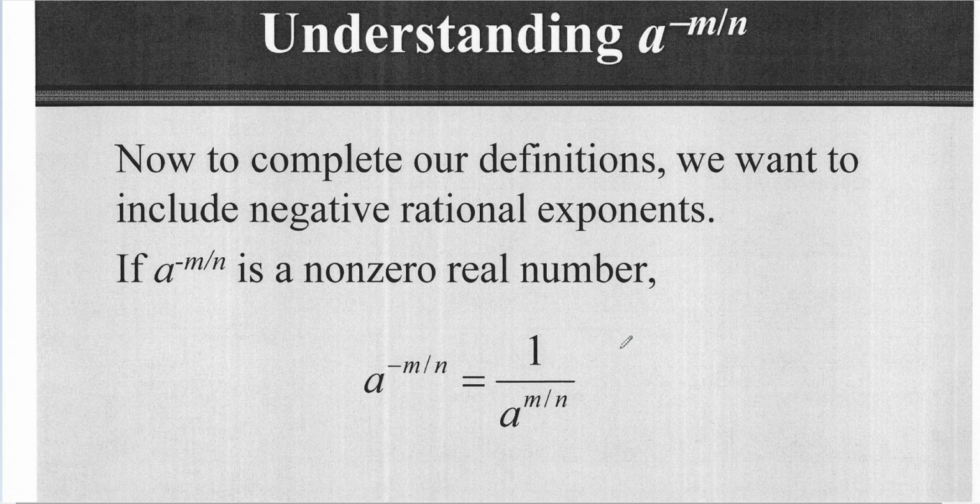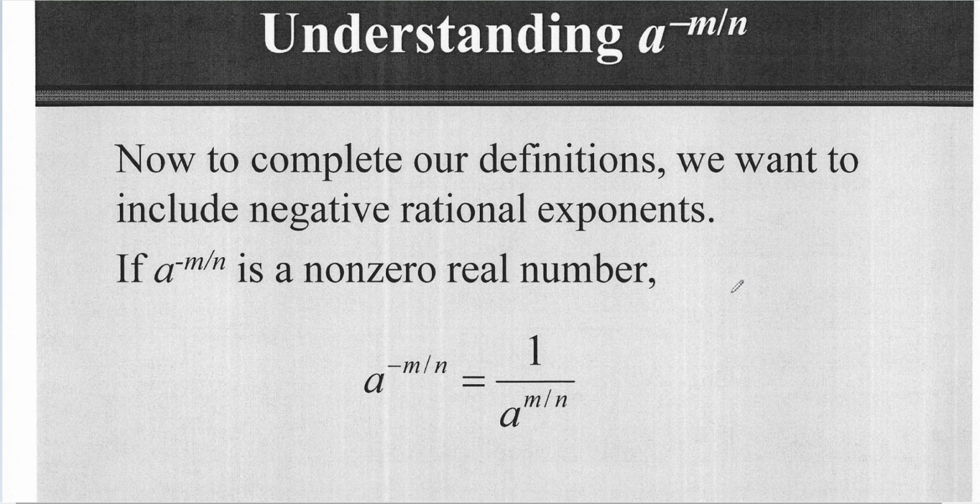Okay, how do you feel about this now? Now, to complete our definitions, we want to include negative rational exponents. Oh, great. Negative rational exponents. We remember that if a to the negative m over n is a non-zero real number, then a to the negative m over n equals 1 over a to the m over n.